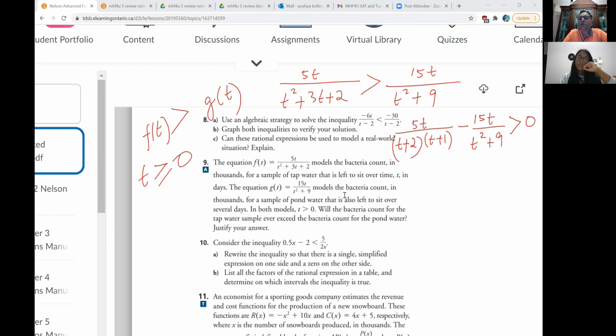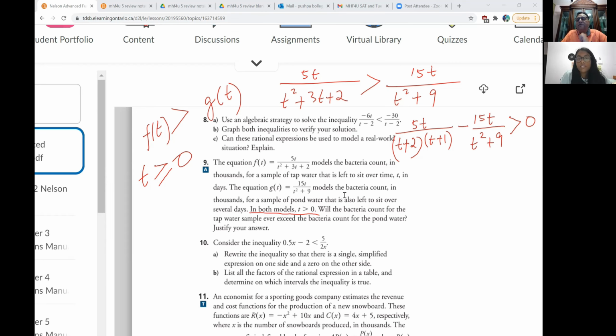If I put t equals 0, both are the same. Do you see that? T equals 0 gives me both the things 0. So initially, they have the same bacteria count at t equals 0, which is 0. Correct? But they both model t greater than 0, so this equation is only valid for t greater than 0.